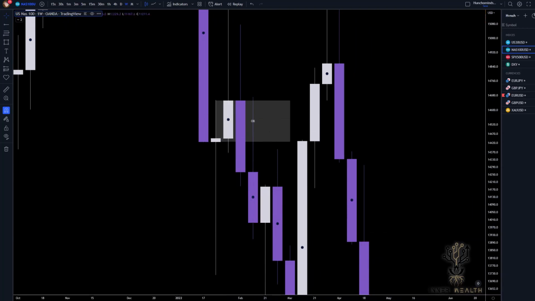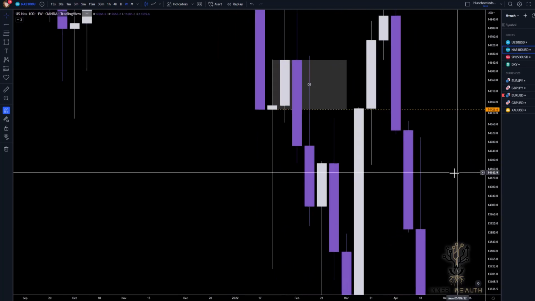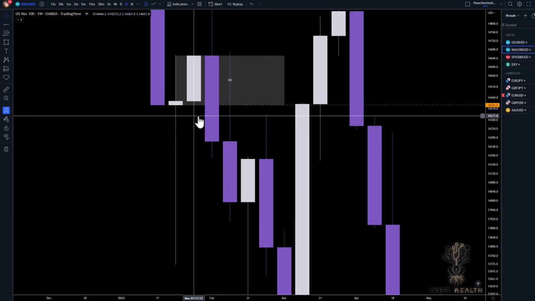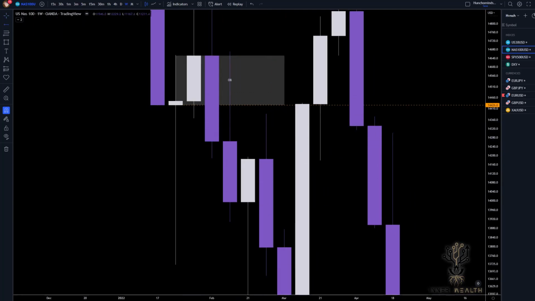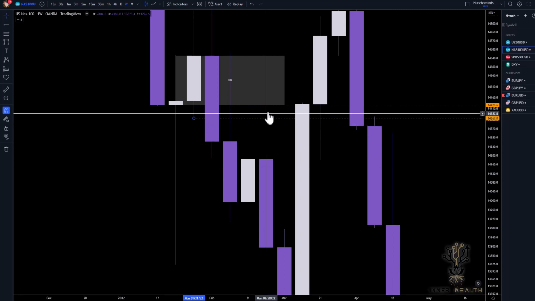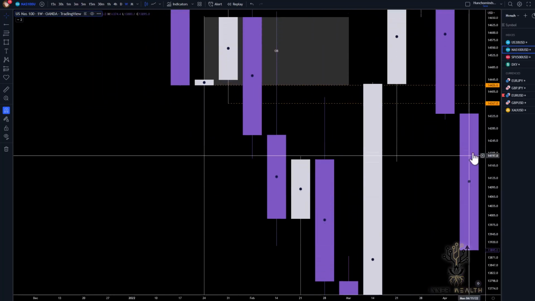Then we trade into the opening of it. We trade below it. Then what happens over here? We trade into the low of that order block there. The low, we trade into the low right here.